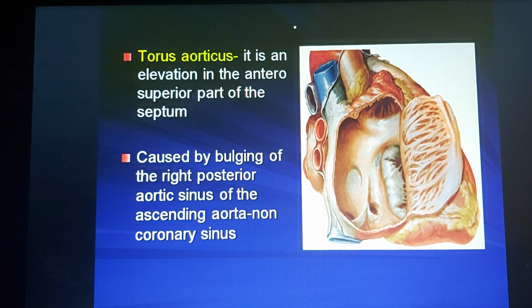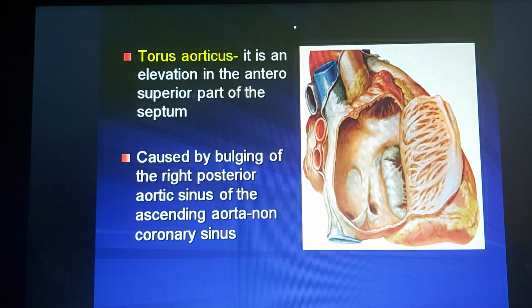The anterior aortic sinus and left posterior aortic sinus give origin to the coronary arteries, except the right posterior aortic sinus. That is why the right posterior aortic sinus is called the non-coronary sinus.